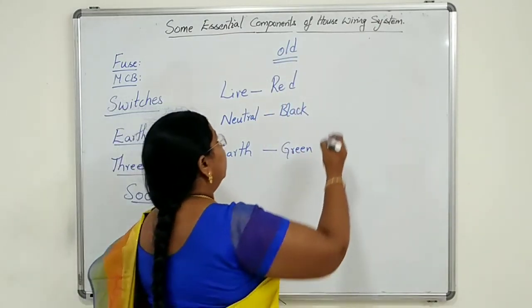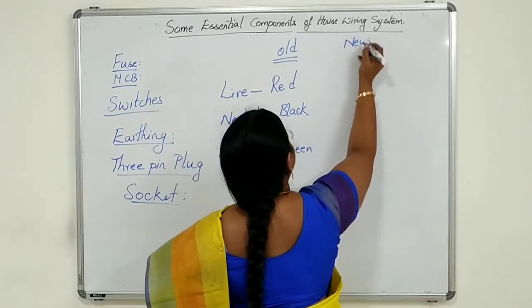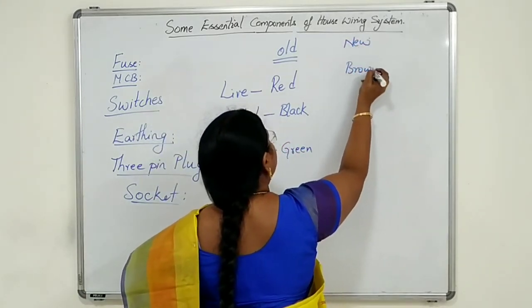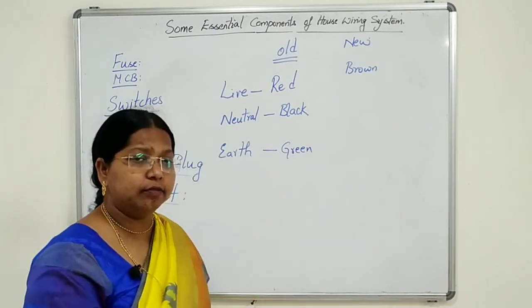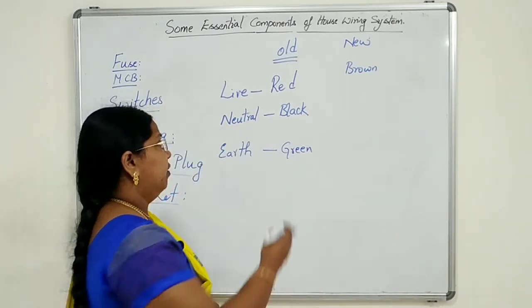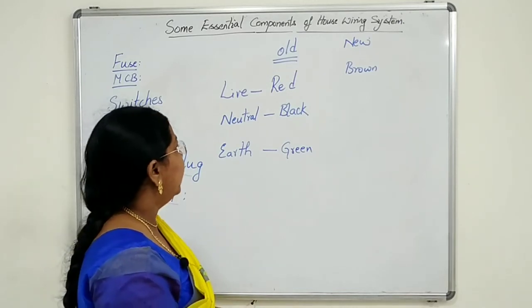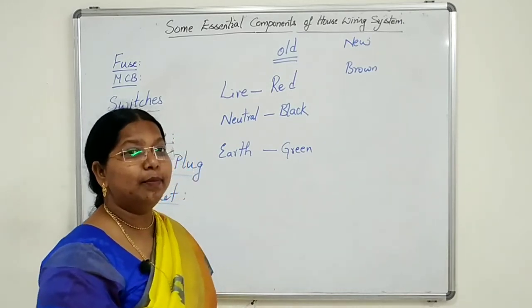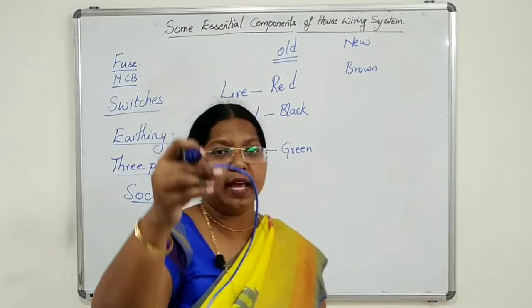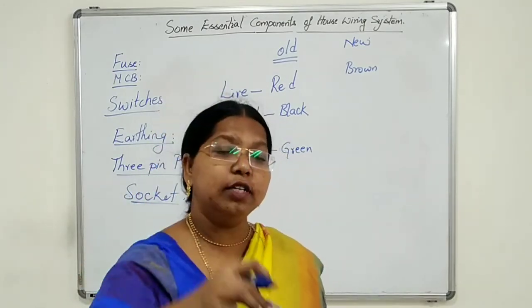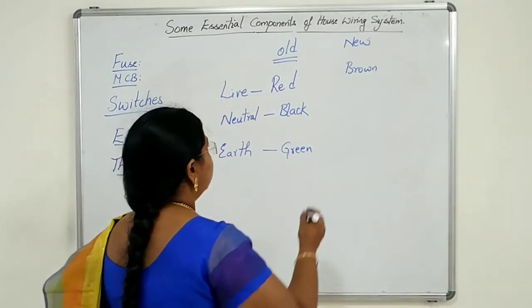Now we are also using brown color for live wire. Red or brown is used for live wire, and blue or black is used for neutral. You can see blue color is also used for neutral.